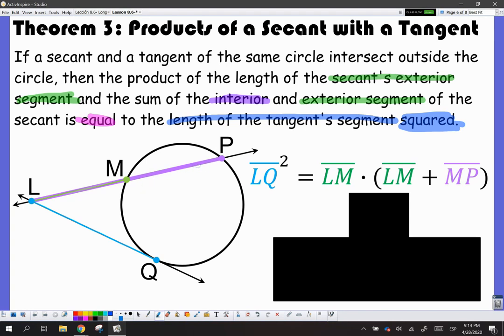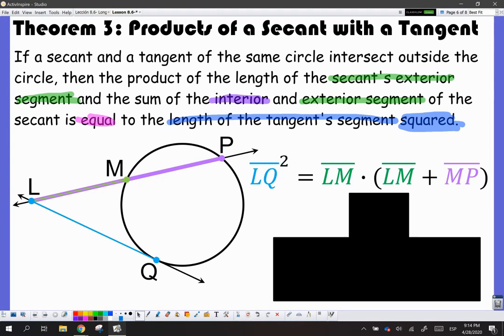Now what's different here though is that since the next segment is a tangent, that is just the length of the tangent segment squared. So whatever this tangent measures, we square that, and that's what we're going to use for this side of the equation.